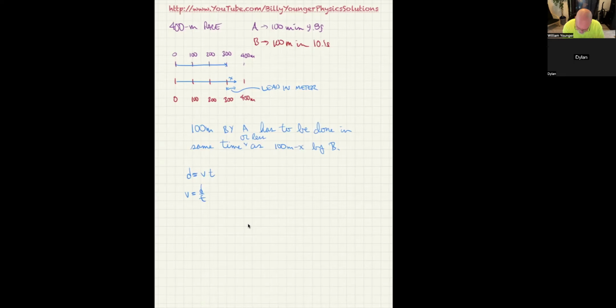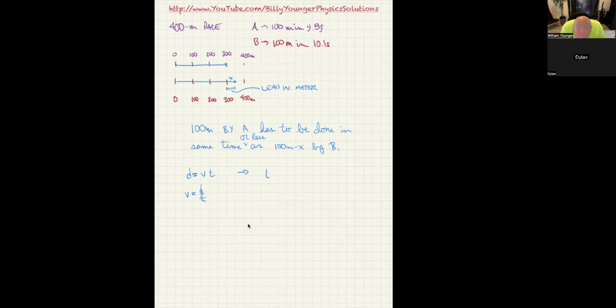But what we have done here is said we want the team A to complete 100 meters in the same amount of time or less as the team B does the distance that's smaller than 100 meters. So what we have there is the times are supposed to be equivalent, or equivalent or less.